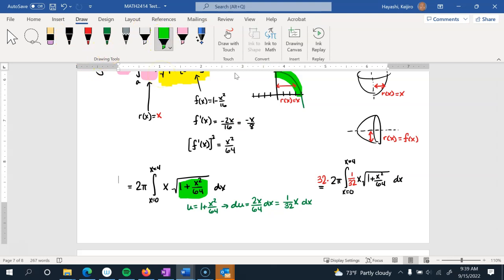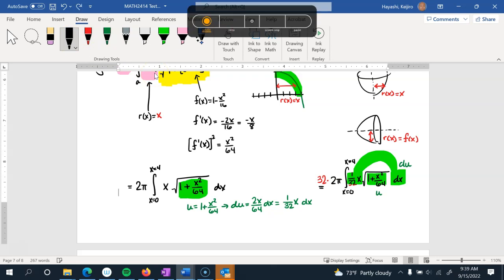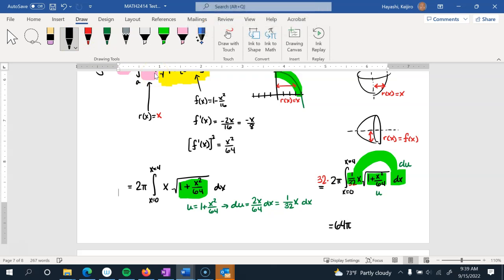But that gives me, if this is u, that gives me the du that I need. 32 times 2 pi is 64 pi. So 64 pi times the integral of square root of u du.